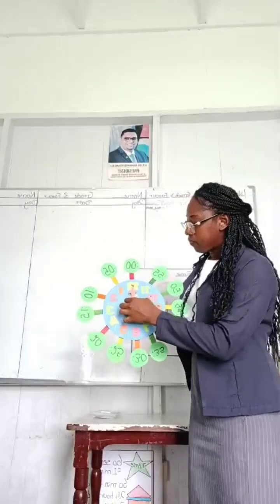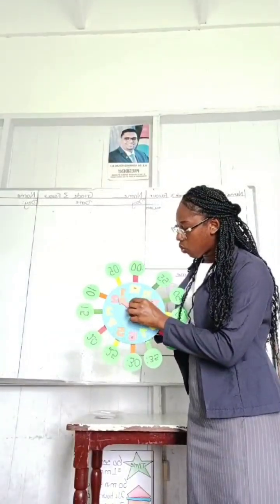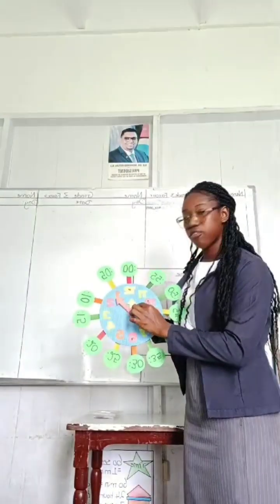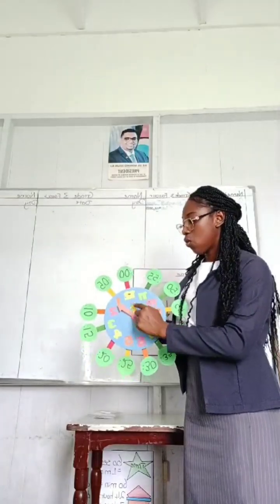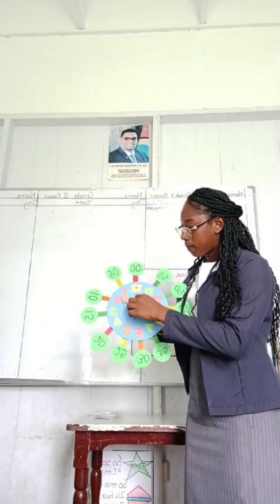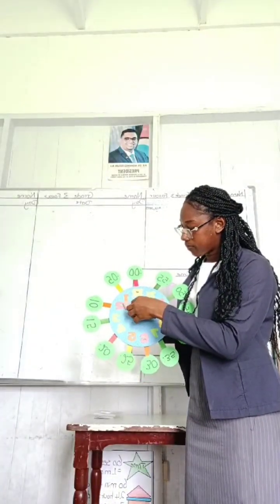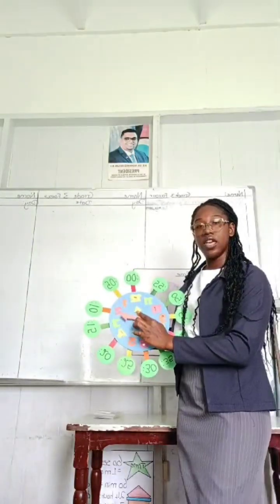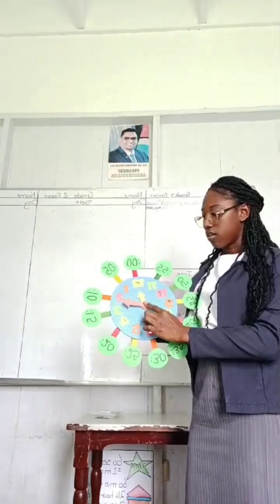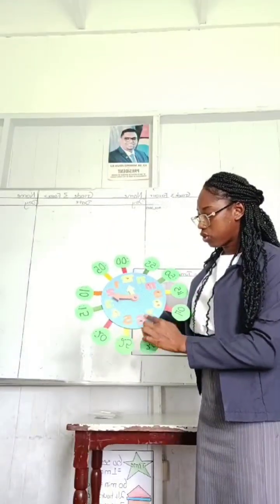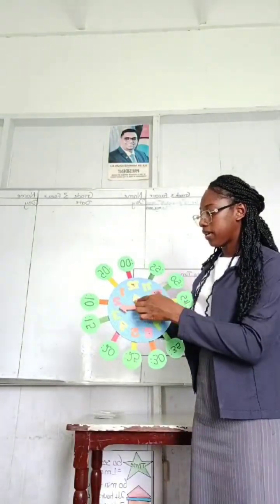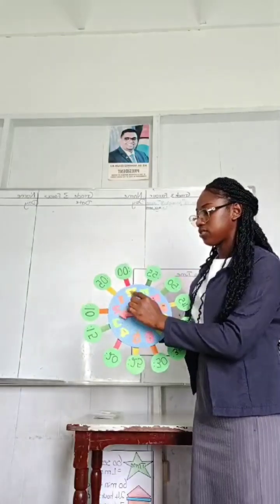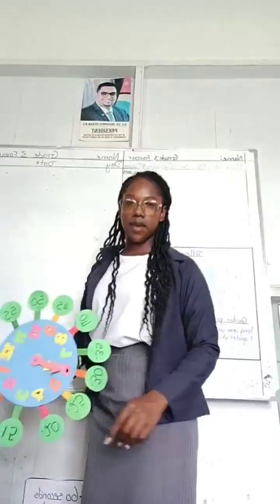So let us go again. If the minute hand points to 1 and the hour hand remains at 12, we say it is 1 o'clock. If the minute hand points to 3 and the hour hand stays at 12, we say it is 3 o'clock. It doesn't matter which number it points to, it always remains o'clock because the hour hand keeps pointing to the number 12.